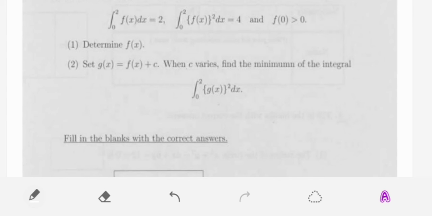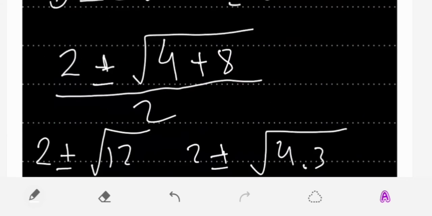Now I assure you the value for 1.2 is going to be easier to find. Okay, so he's telling you that set g of x is equal to f of x plus c, where c varies. Find the minimum of the integral.